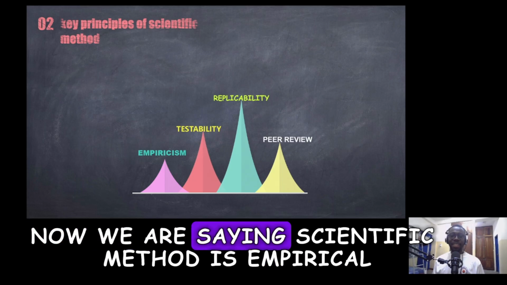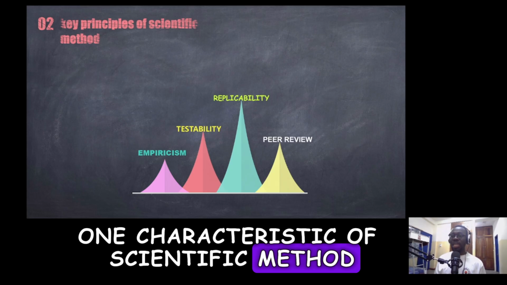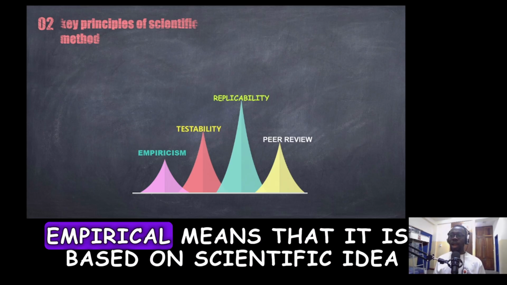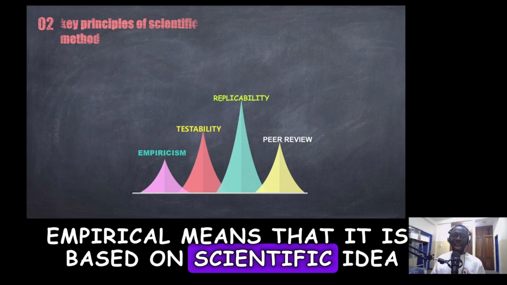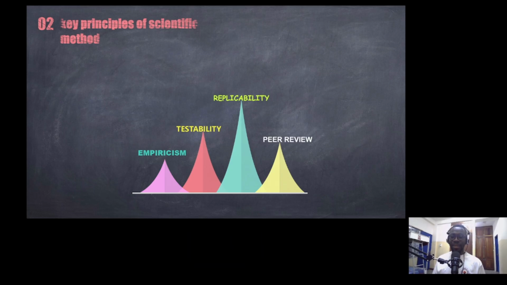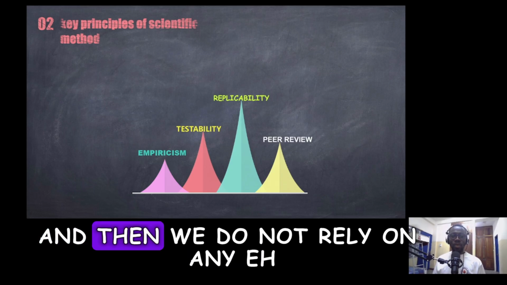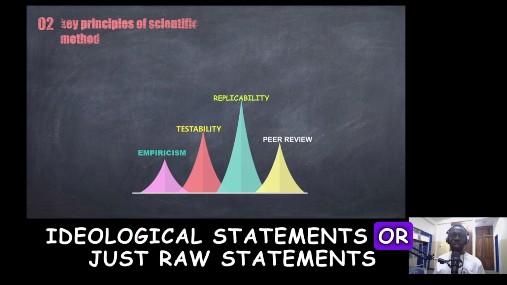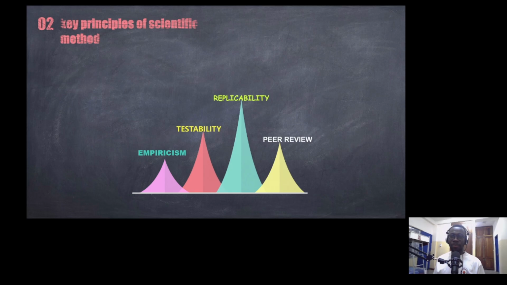Now we are saying the scientific method is empirical. One characteristic of the scientific method is that it is empirical. Empirical means that it is based on scientific ideas and tests, and we do not rely on ideological statements or just raw statements.